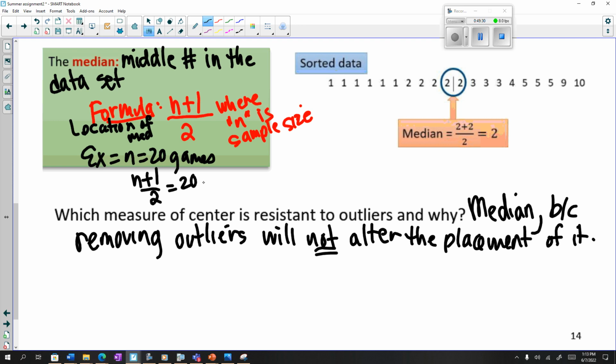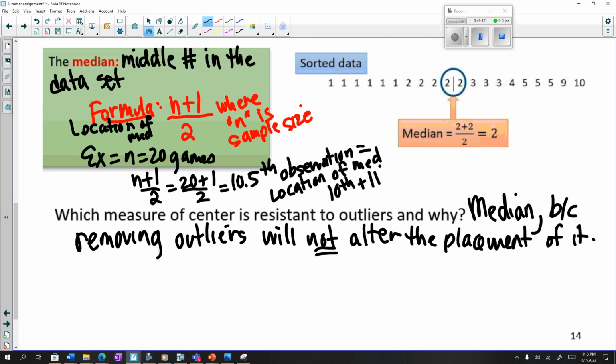So 20 plus 1 divided by 2 is going to be 10.5. So the 10.5th observation is going to be the location of the median, which means it would be the average of the 10th and the 11th data point.